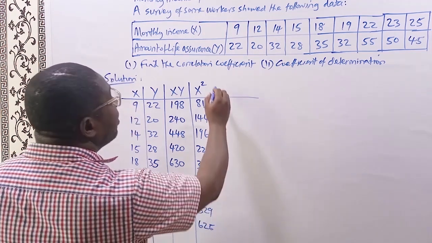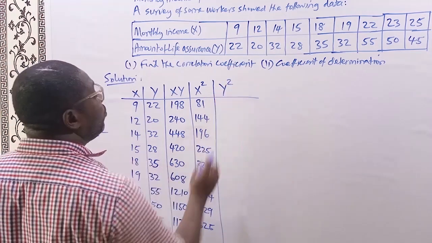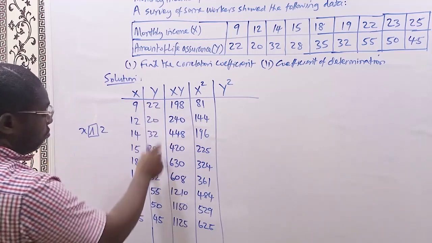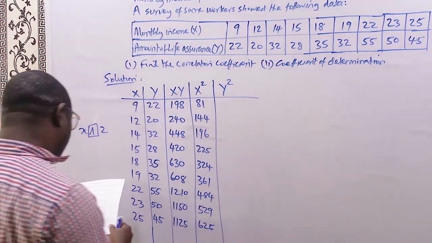The next thing we do is to find the square of the y value, that's the other variable.